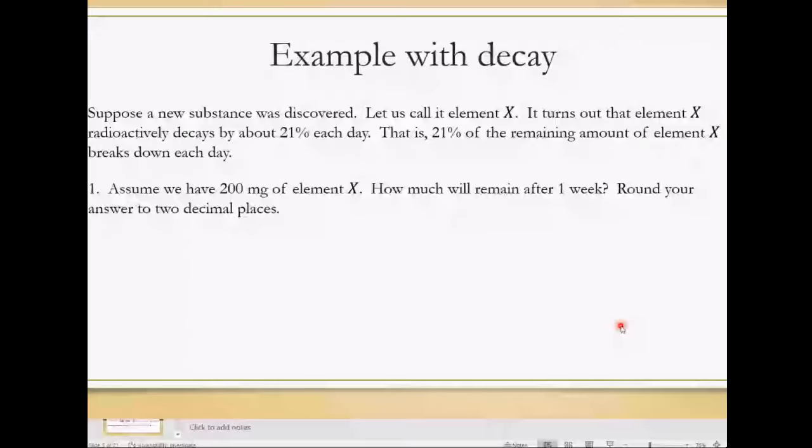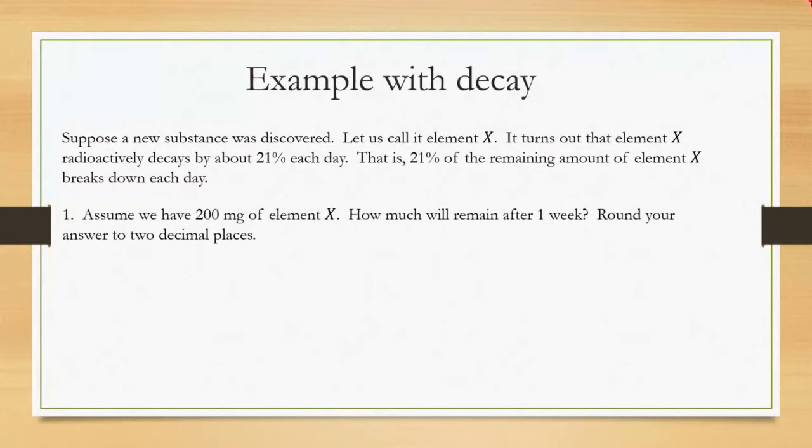Okay. Good. Now, this example, I think we might have done last time, but I feel comfortable doing it again, mostly because I did it with the other class. It also alludes to where exponential functions appear in the sciences. Chemists and physicists look at the concept of half-life, which has to do with an element radioactively decaying by a percentage, as in the problem.